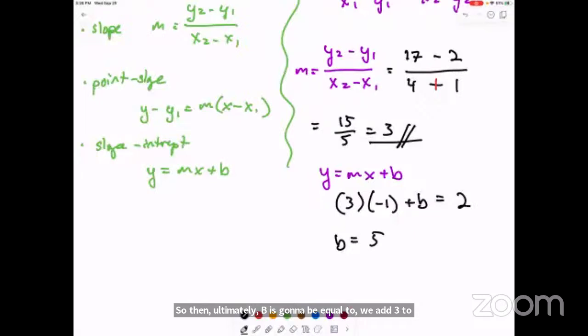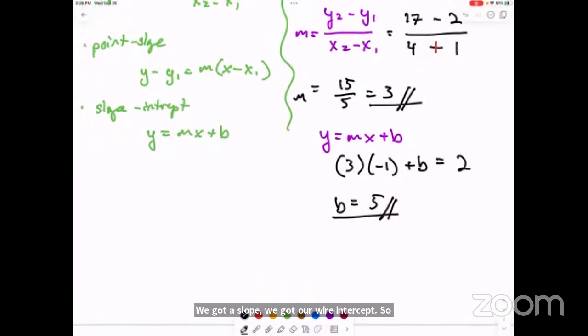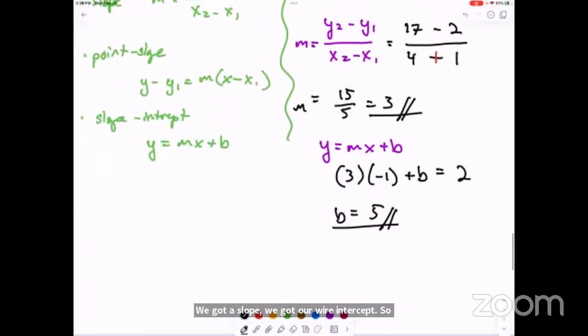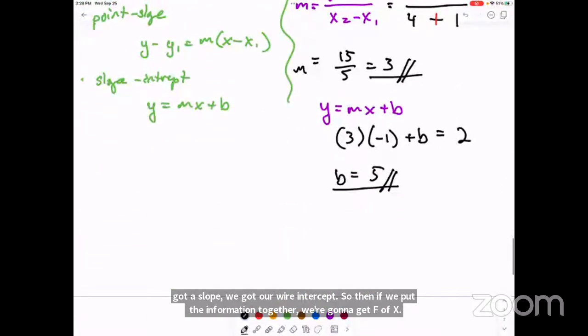Okay, we got our slope. We got our y-intercept. So if we put the information together, we're going to get f of x equals 3x plus 5.